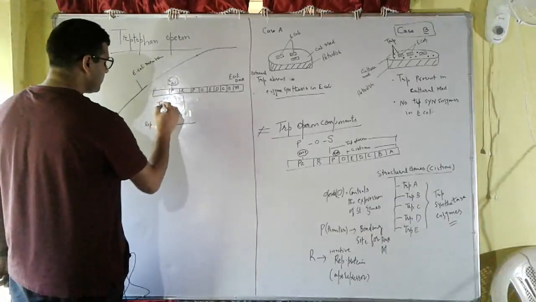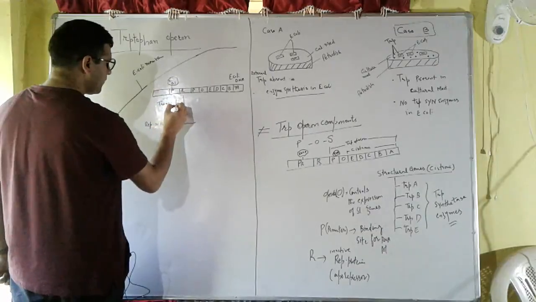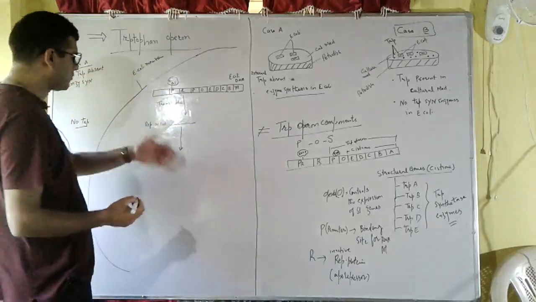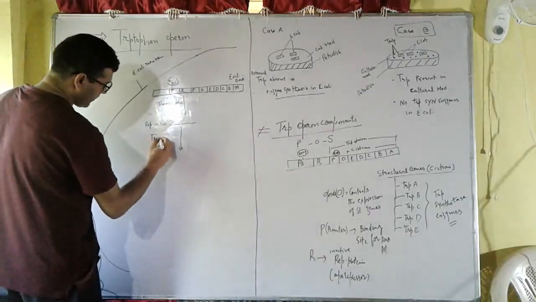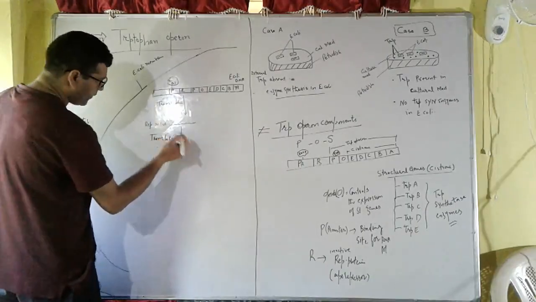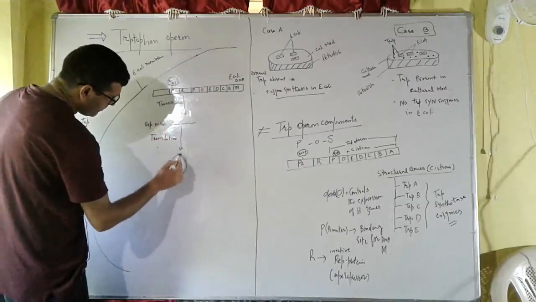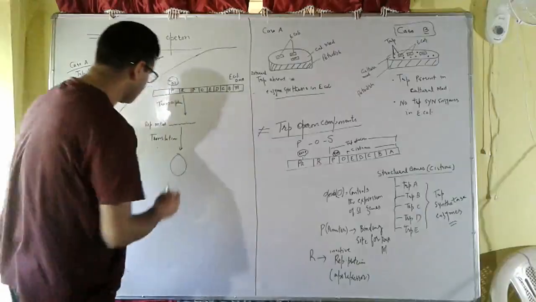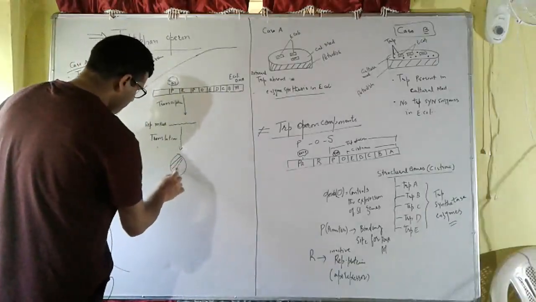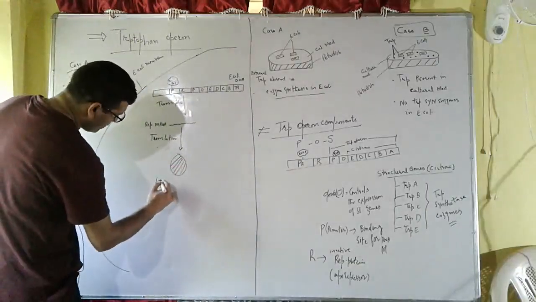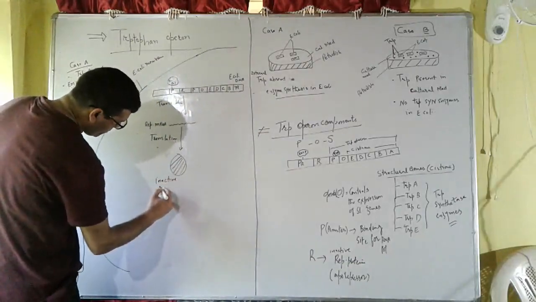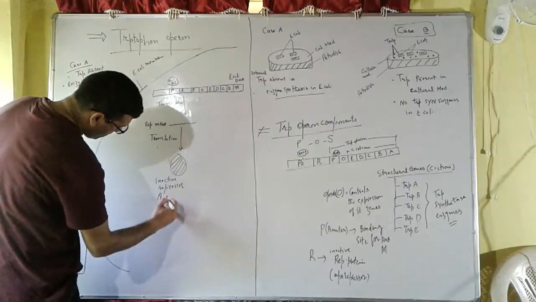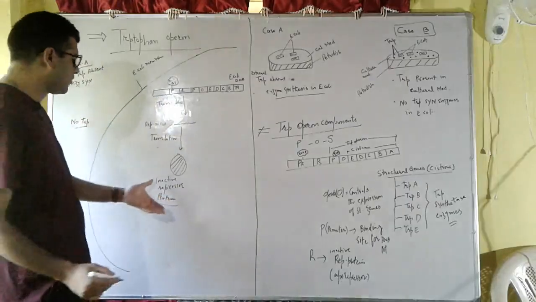This is transcription. Obviously, it will undergo translation. What will form? It will form an inactive repressor protein. Why is it called an inactive repressor protein?